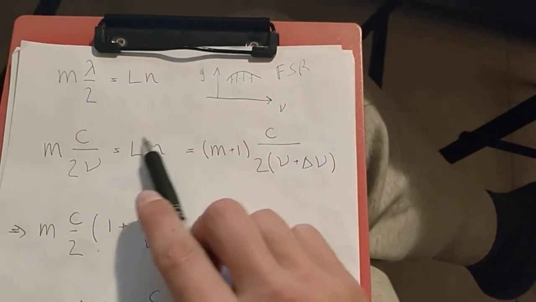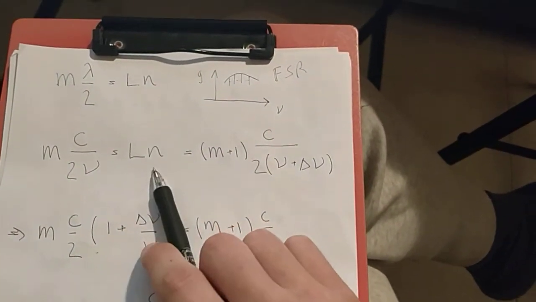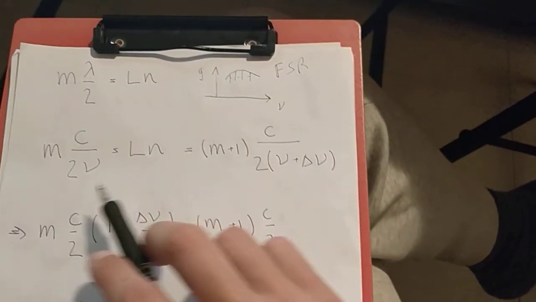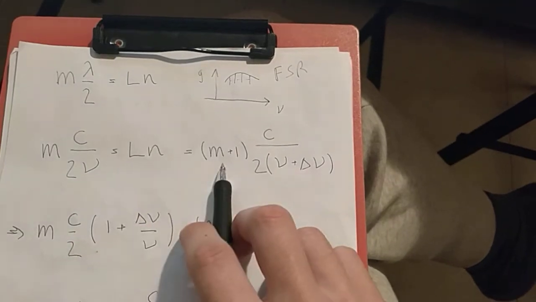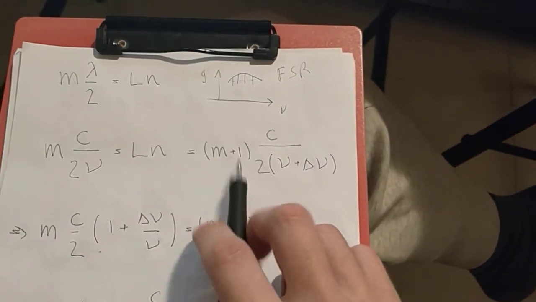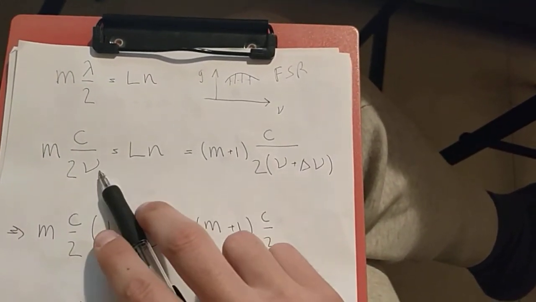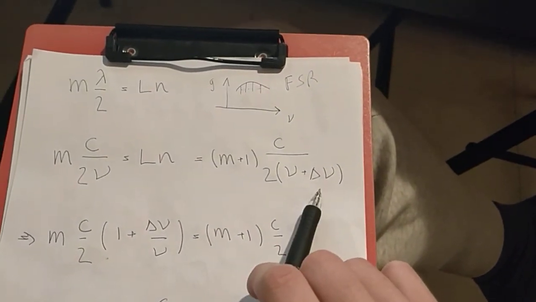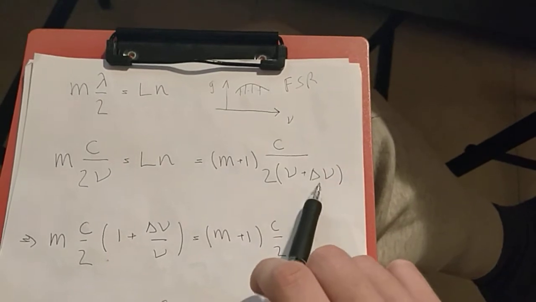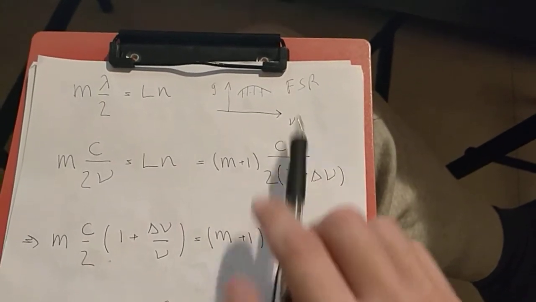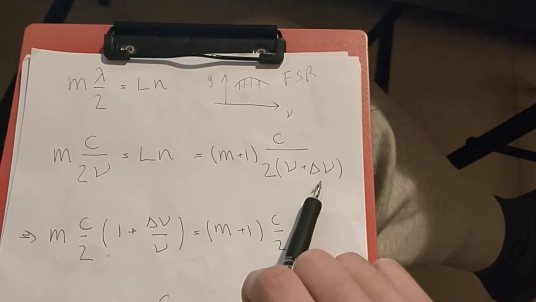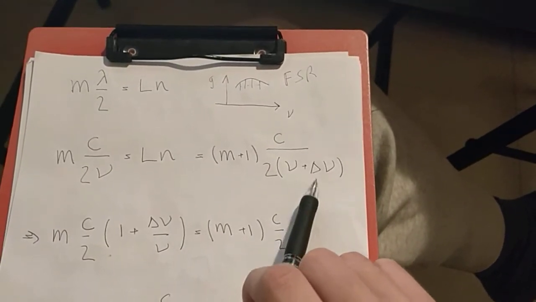Since this remains a constant, we can just equate it to an expression of the same form, just with m plus 1, and the frequency increased by that very same FSR that we're looking for. So the idea is to develop an expression for that, to understand what this is.